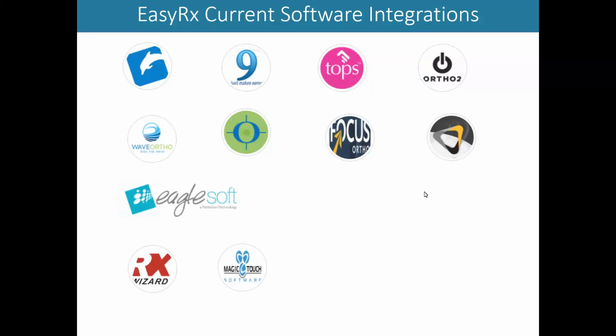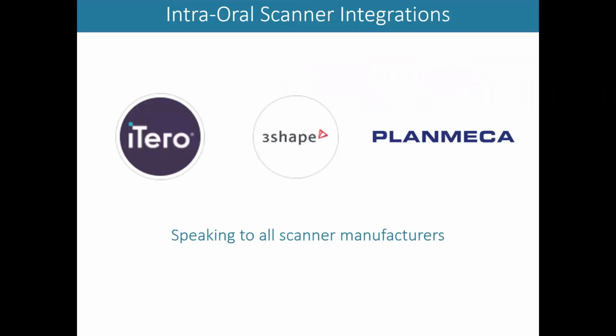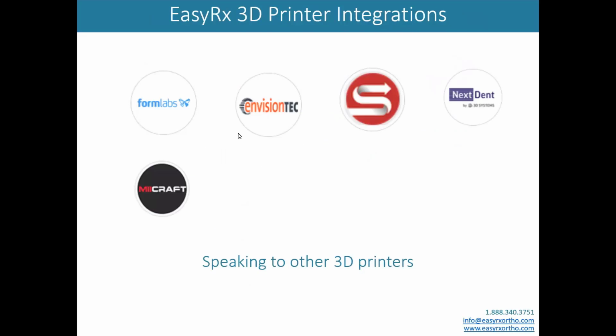One of the things that we love is we have great integration partners, whether it's with practice management software. You can see the partners we currently have on the screen here. And we also work with intraoral scanner companies. So we're an open platform. And with 3D printing, we integrate with most of the major companies out there. There are new printers popping on the market all the time. If you don't see your printer listed here, it's not that we can't work directly with that printer.